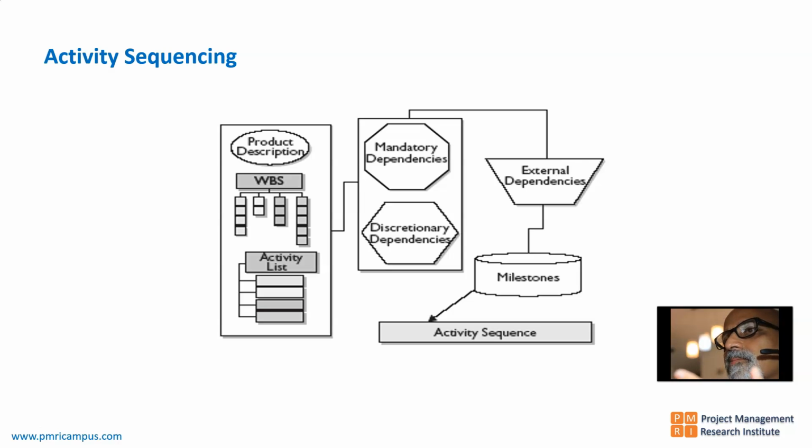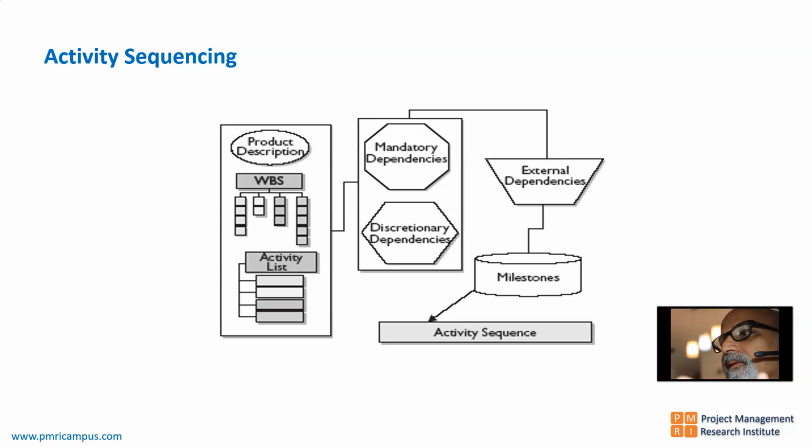So we discussed mandatory external dependency and mandatory internal dependency. Then we have discretionary dependencies. The project manager can decide whether it should be done or not. So that is a discretionary dependency. The discretionary dependencies also can be internal or external.